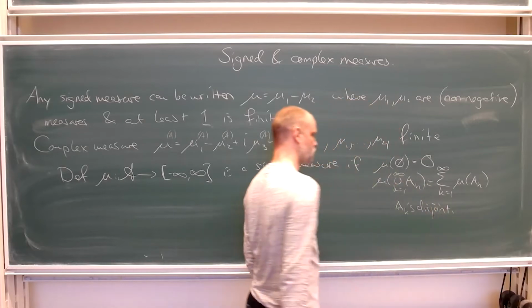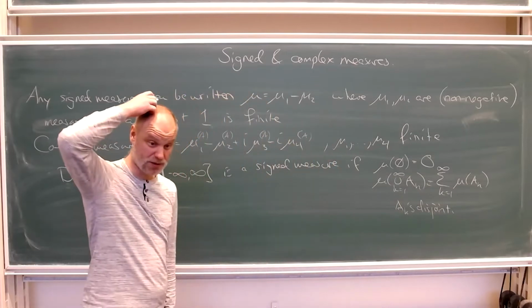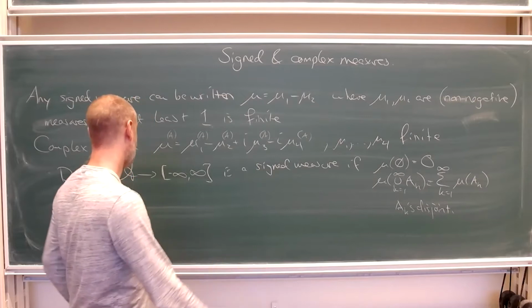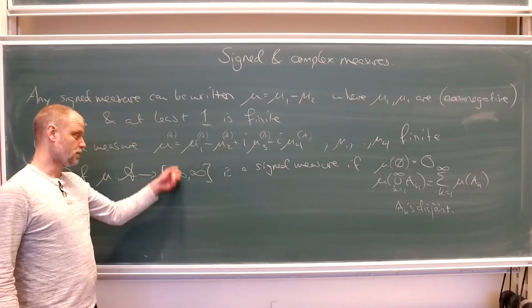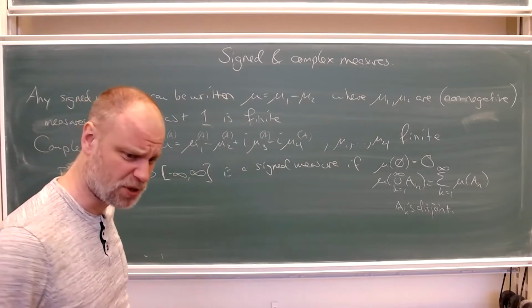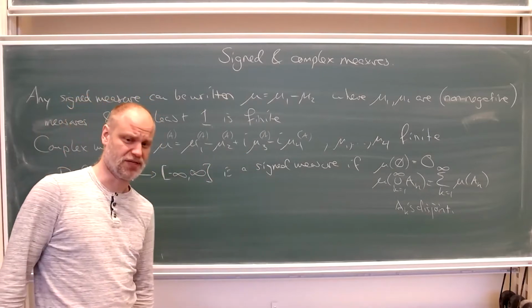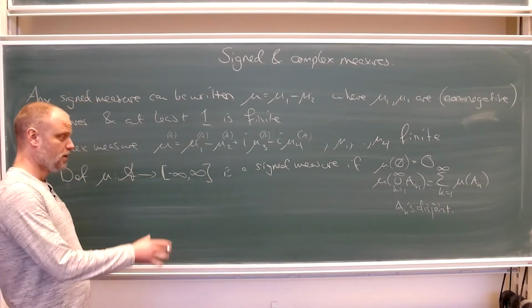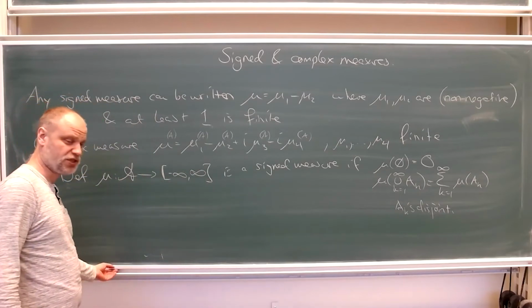As before, we of course need to assume that these sets are disjoint. Okay, so if you have a complex measure, you just put the complex number plane here instead, and plus or minus infinity doesn't really fit in that picture, so that's why we don't want that. Right, so this is the definition.